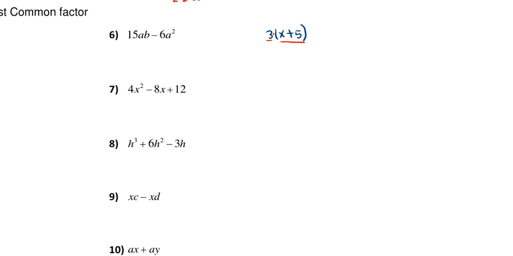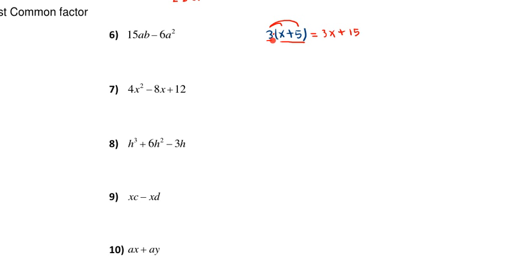And when we have that situation, the way to multiply is by multiplying this monomial by each term of the polynomial inside the parentheses. So the result would be 3 times x, 3x, and 3 times positive 5, that will be positive 15, since positive times positive is positive.